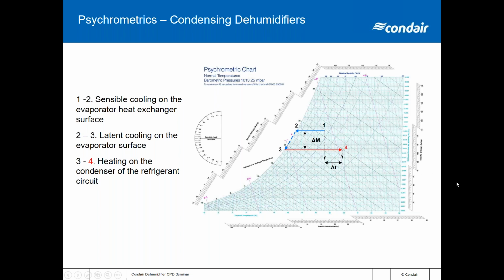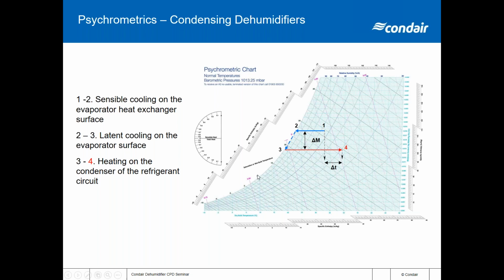Now, this is a really useful system for applications that are higher humidity and medium temperatures, because we have a limiting factor here. And that limiting factor is the evaporating temperature of the coil. Now, if we've got an evaporating temperature of 6 and maybe a coil surface temperature of 11, 12 degrees C, then we know that's going to be the minimum moisture content that we can get down to.